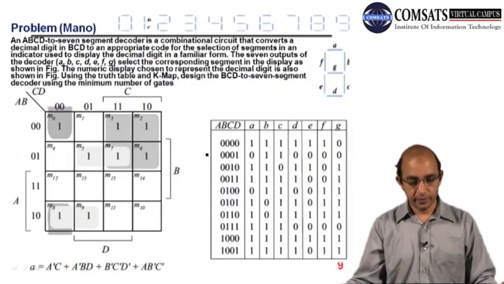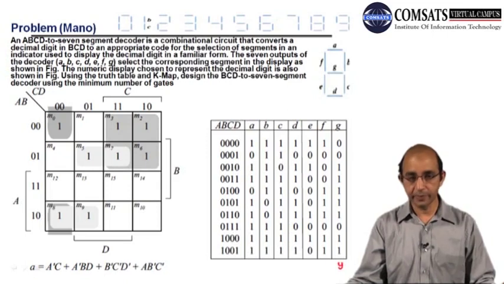So let's move to the 7-segment decoder, right? We have a 7-segment decoder, and let me straight away read out the statement that converts a decimal digit to BCD, right?